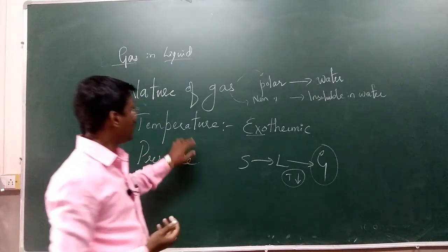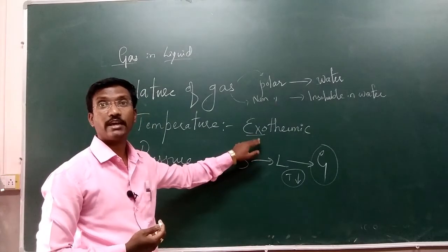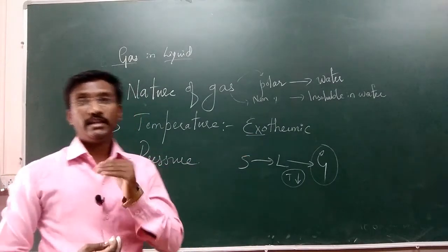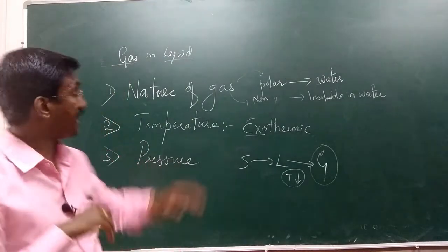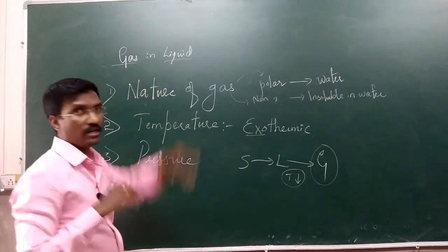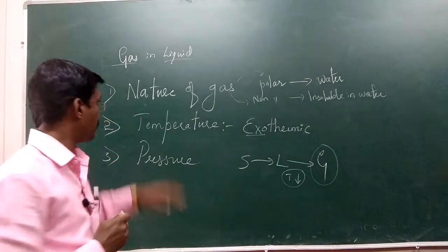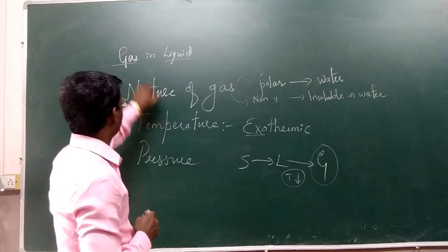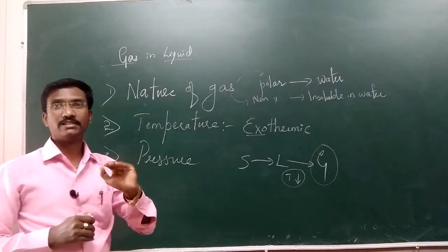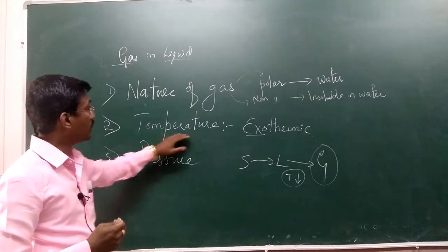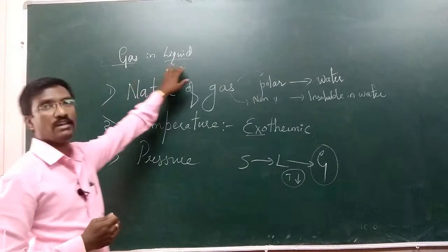If you increase the temperature, it does not undergo dissolution because it is exothermic. Therefore, the dissolution of the gaseous compound in a liquid decreases by increasing the temperature. Means as the temperature increases, the dissolution of gaseous compound in a liquid decreases. Or in other words, by reducing the temperature we can increase the dissolution of gas in liquid.